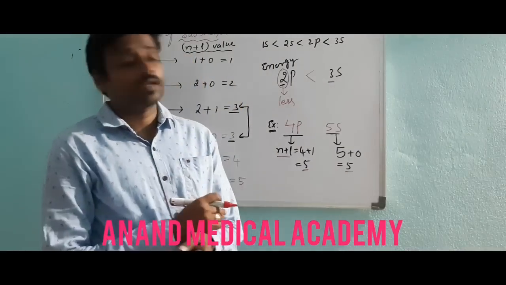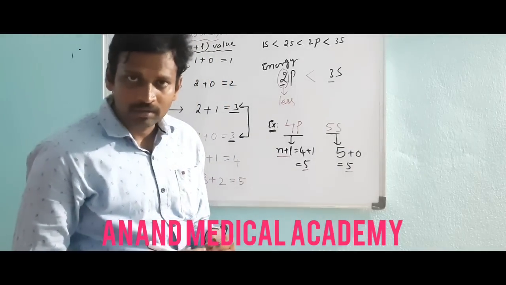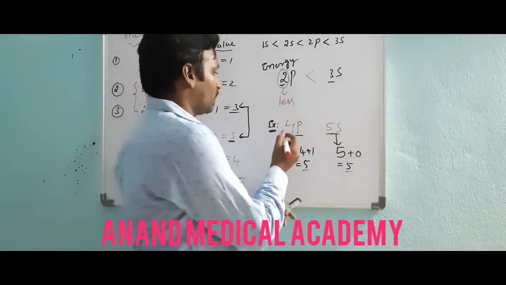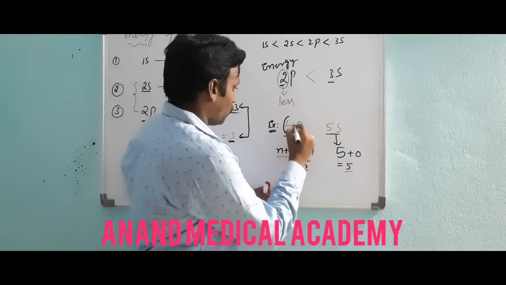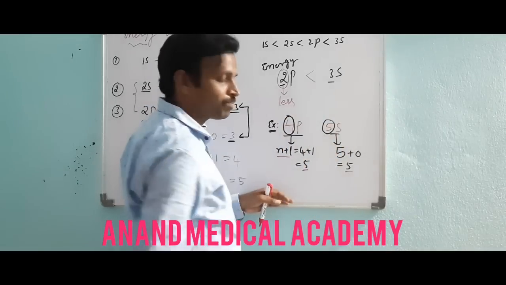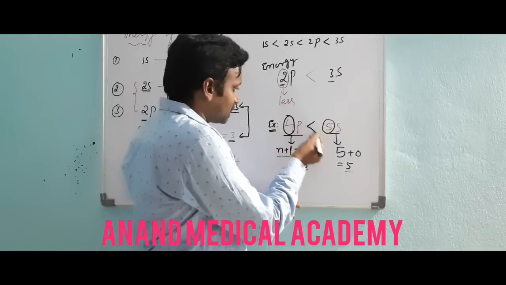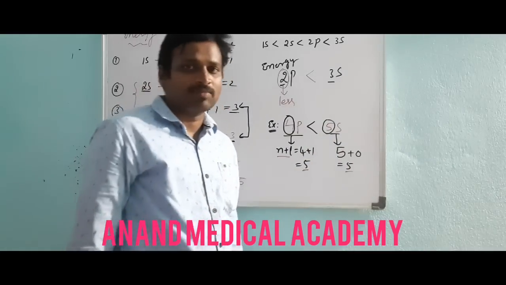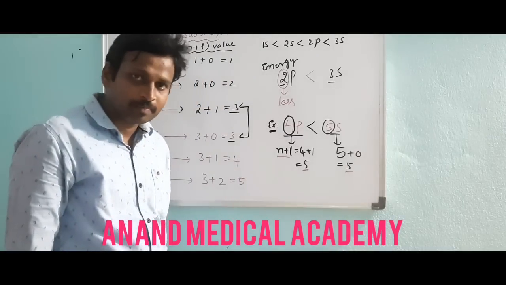Now the question, both have the same n plus l value, which has more energy? We have to observe the n value: here 4 and here 5. So 4p has less energy and 5s has more energy, even though the n plus l values are the same.